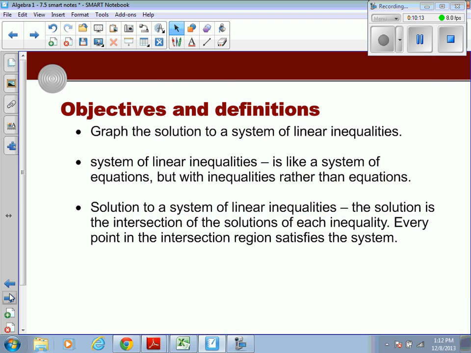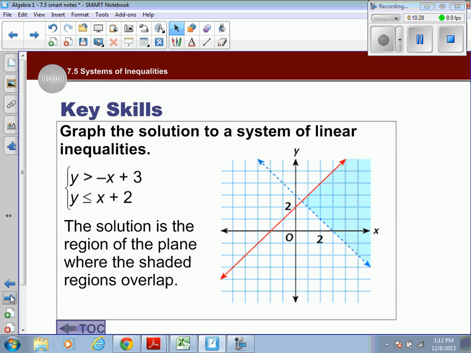Now we're going to look at a system of linear inequalities. A system of linear inequalities consists of two or more inequalities being graphed on the same coordinate plane. Here's an example of one. The first one given to us, y is greater than negative x plus 3, is graphed with this blue dashed line, again dashed because it's just greater than, and then it's shaded above.